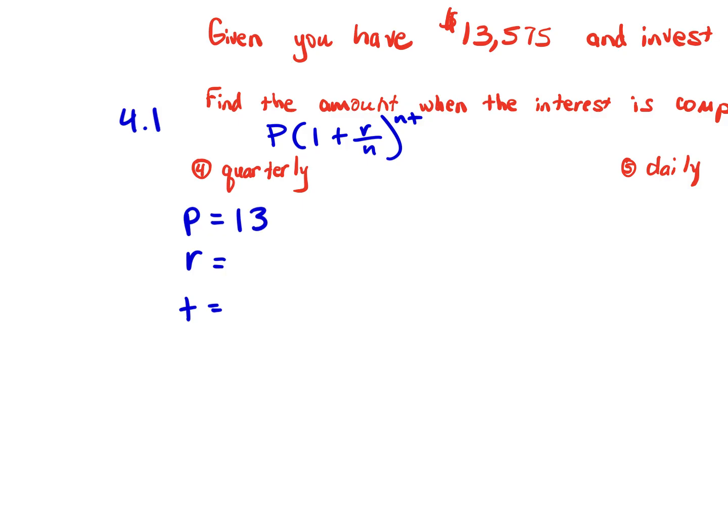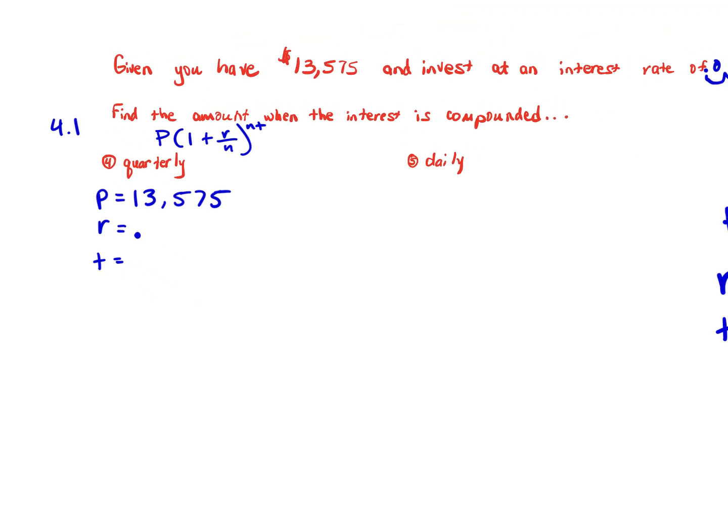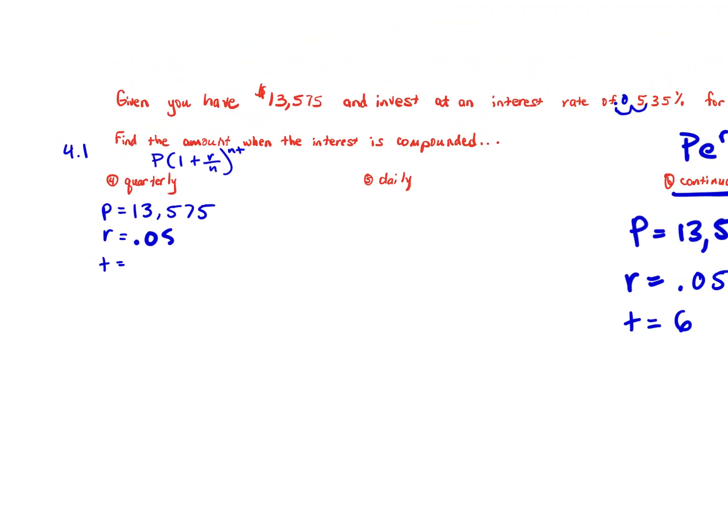P is our starting amount, 13,575. R is the decimal version of our rate, so 0.0535. T from before we said was 6. Now what's N? If it's compounded quarterly, what would our N be? 4. Awesome, because we have 4 quarters in a year.